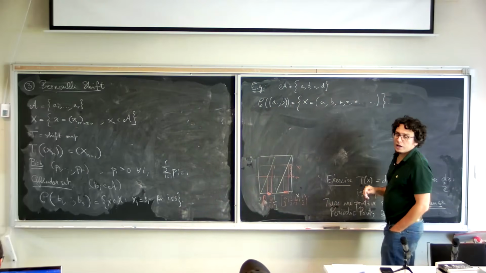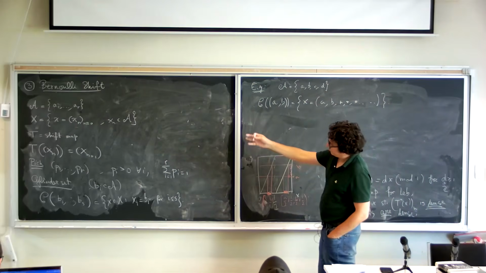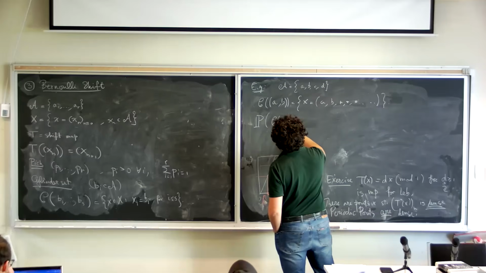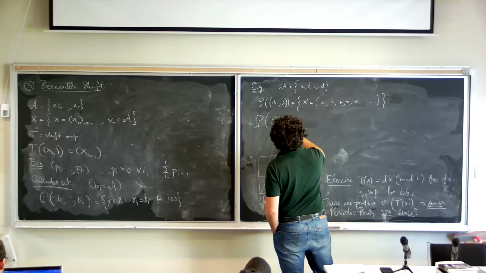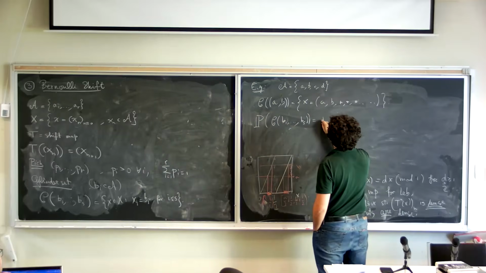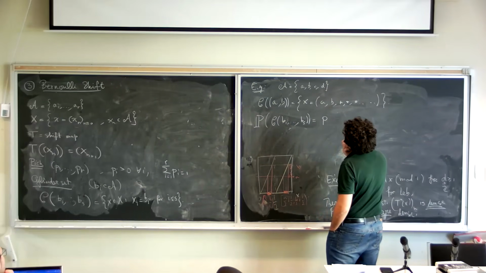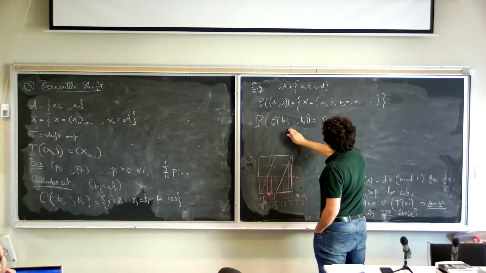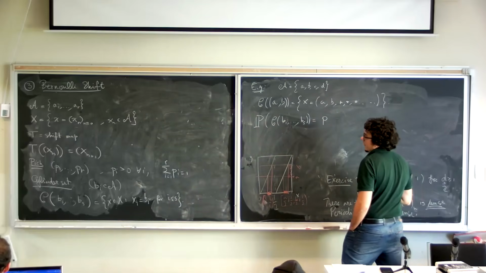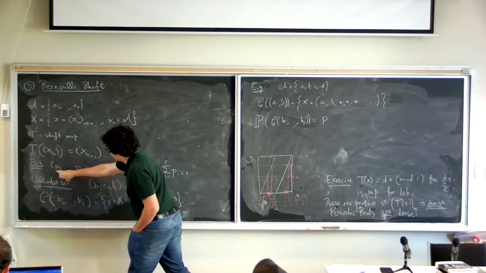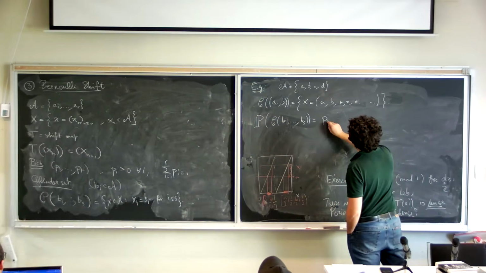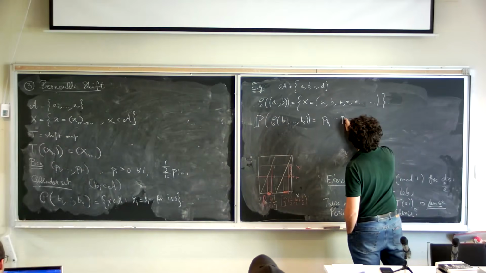And then obviously it's natural to define the probability of a cylinder C of B1 through Bs by taking P of B1 times through P of Bs, where P of B_i is the weight related to that symbol.